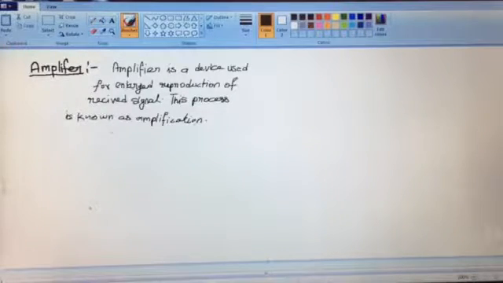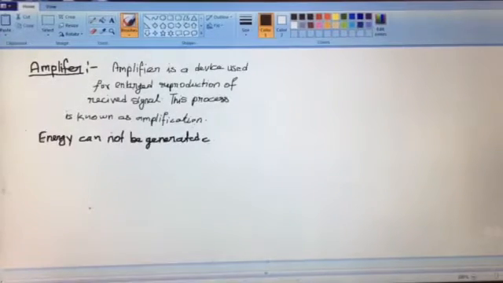Now, according to the law of conservation of energy, energy cannot be generated and cannot be destroyed. But here the amplitude of the signal is being increased.